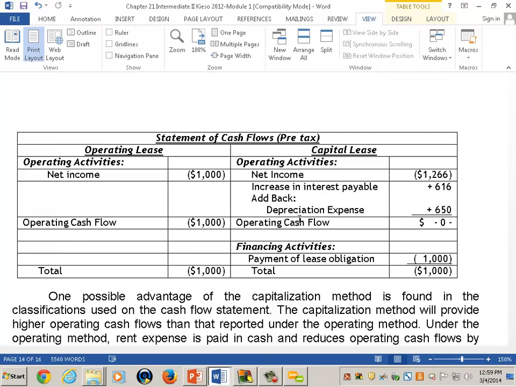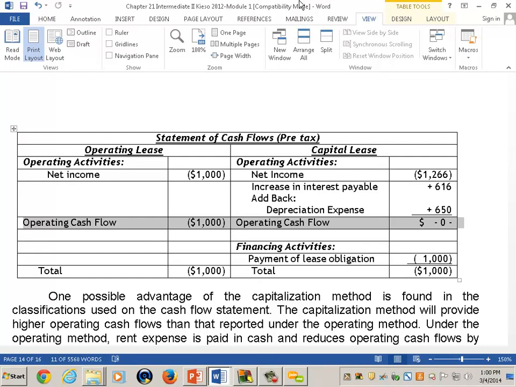Because the rent expense falls right through, reducing the cash by 1,000, but the capital lease has zero impact on operating cash flow. So operating cash flows, if you just look at this line item here, are higher for the capital lease.